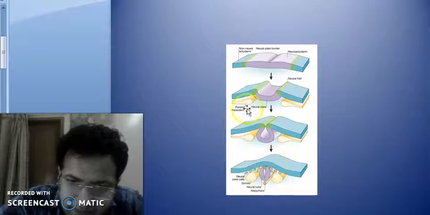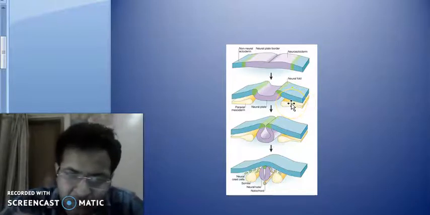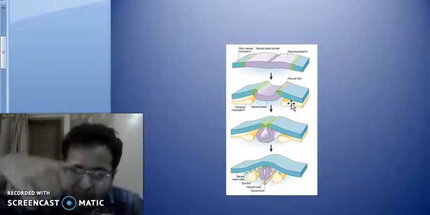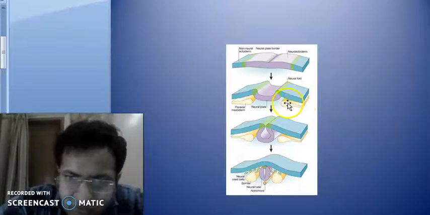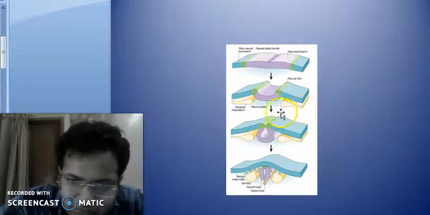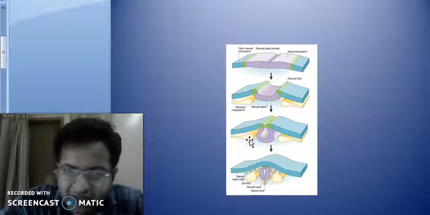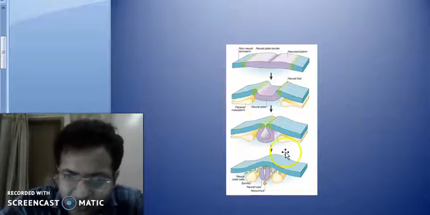The para-axial mesoderm, which is the mesoderm below the ectoderm, is around the axis of the notochord.